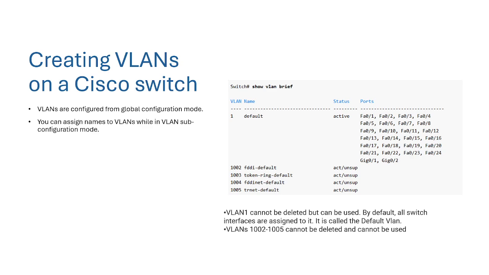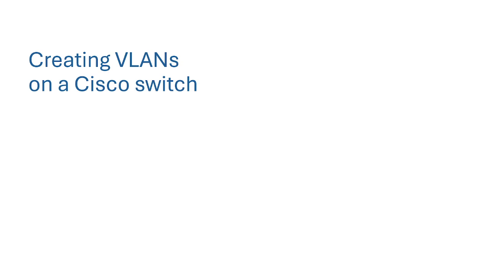When you turn on your switch, all the ports will be in VLAN 1, and you cannot delete VLAN 1. And you can see VLANs 1002 to 1005 cannot be deleted or used. They show as active, but these are unsupported. You can see this in any Cisco switch.